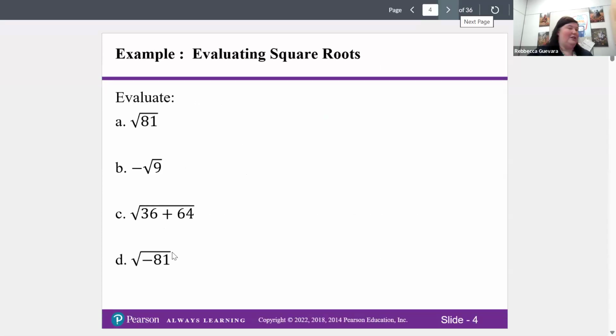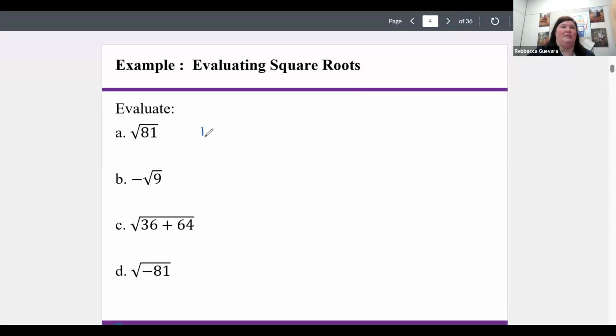We just want to evaluate the following. What we're looking for is what number squared would give me 81. The answer to that would be 9. The square root of 81 would be 9. Here the negative is out front.